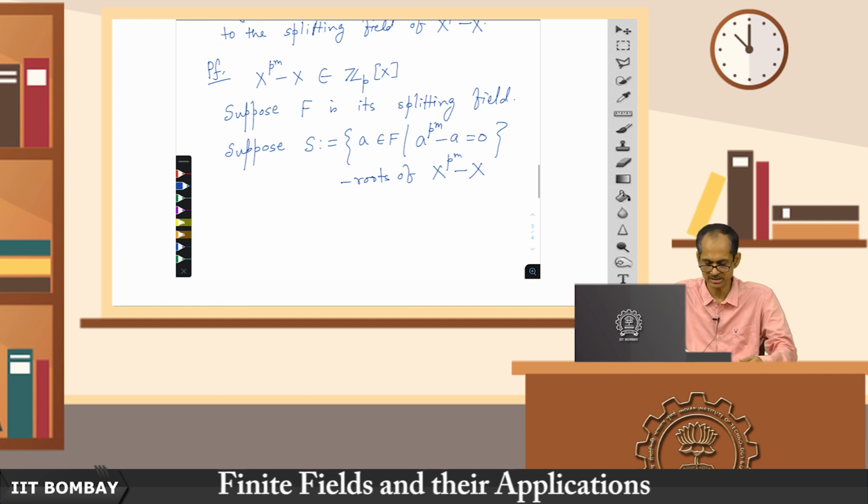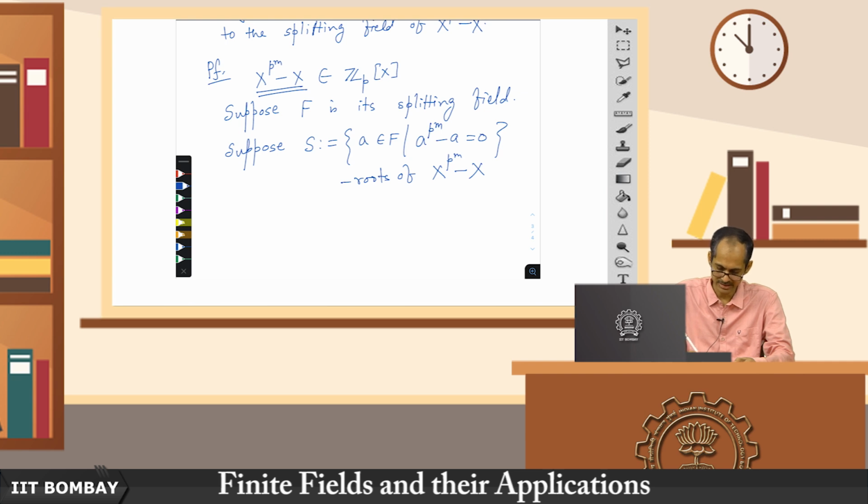So, how many elements does S have? It has at most p power m elements, because all the roots are there, but there may be some repeated roots, and this polynomial cannot have more than p power m roots, because its degree is p power m. So, the number of distinct roots can be at most p power m.